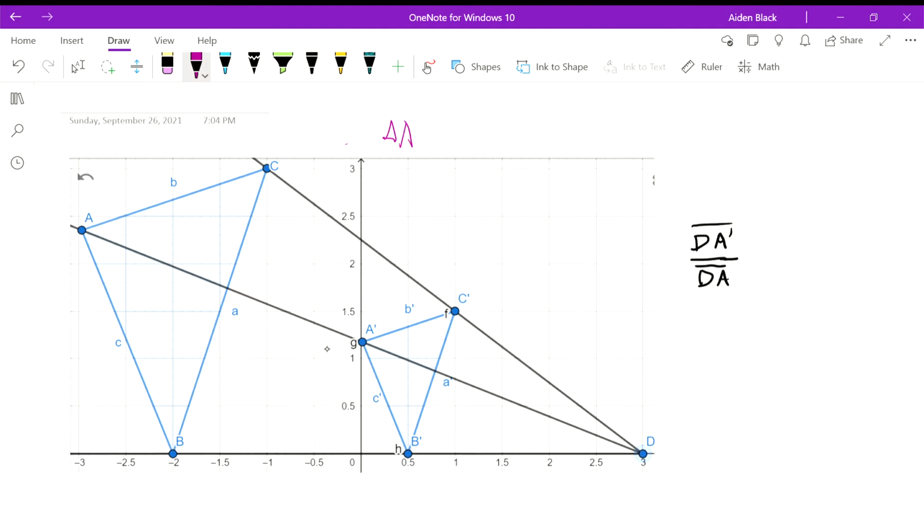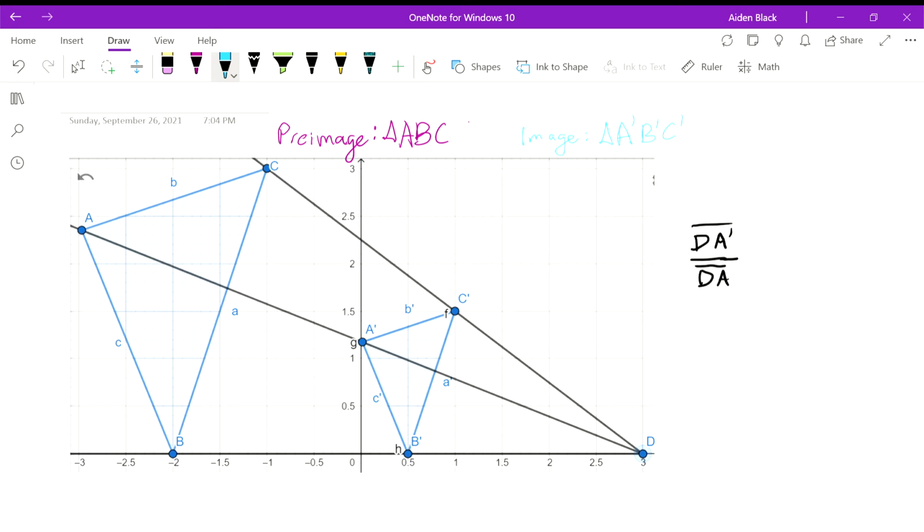A, B, C is the pre-image. Our image then is triangle A prime, B prime, C prime.